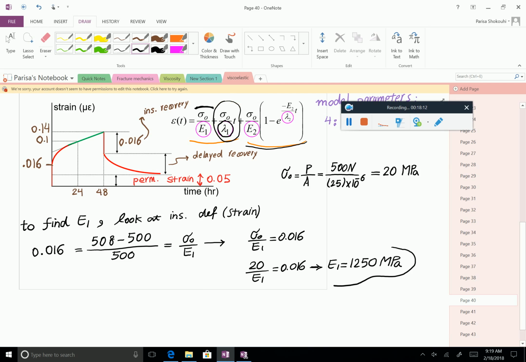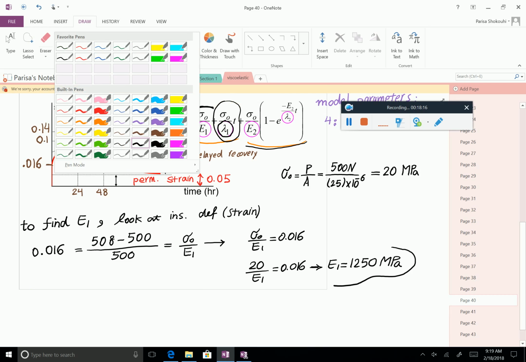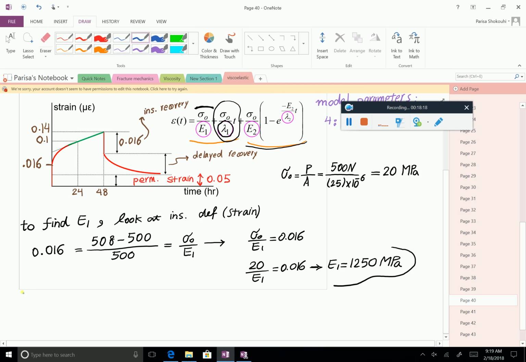So if we remember that, then it becomes somewhat easier.